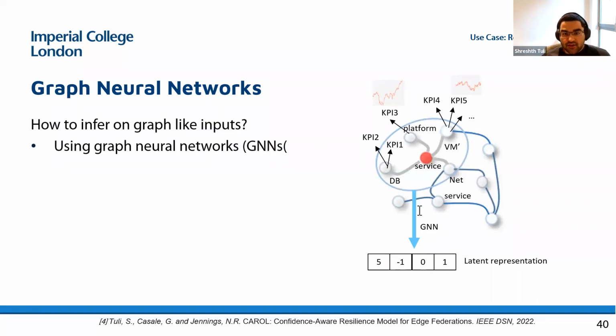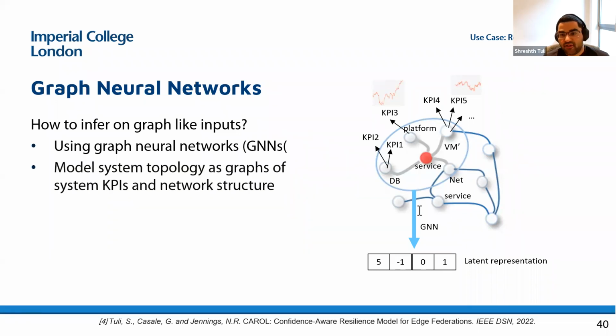So to model this, there have been several approaches developed in the past in the area of neural network design. And one such approach is called graph neural networks. What this allows us is to utilize the fog topology as a graph, that might include the key performance indicators of each service or each host node, such as utilization characteristics.